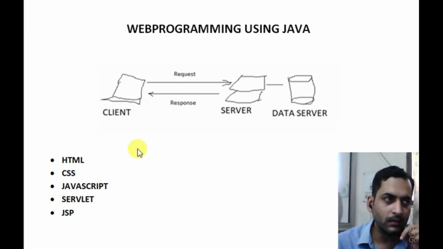We cannot establish database connection using HTML. It is simply a designing language and we cannot do any type of programming using HTML. So it can only be used to develop a static web page, right?